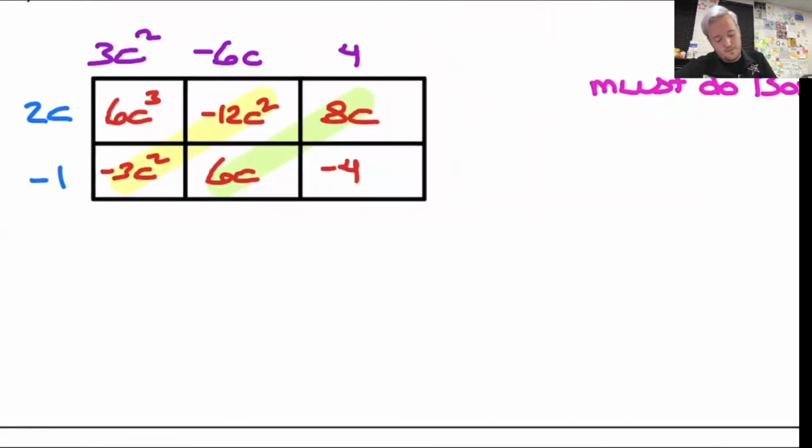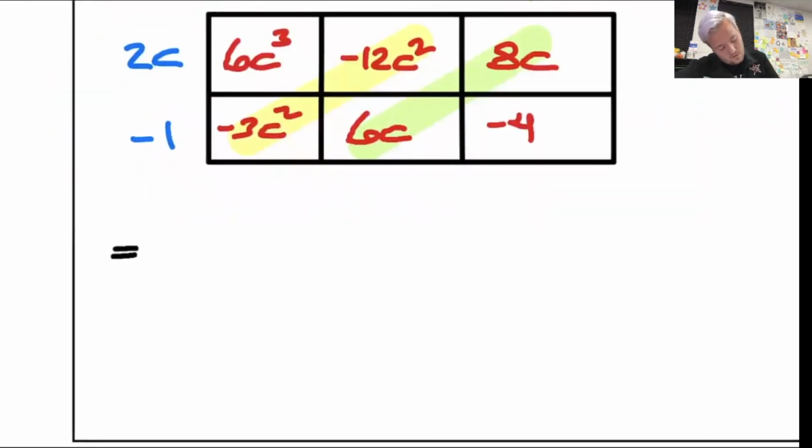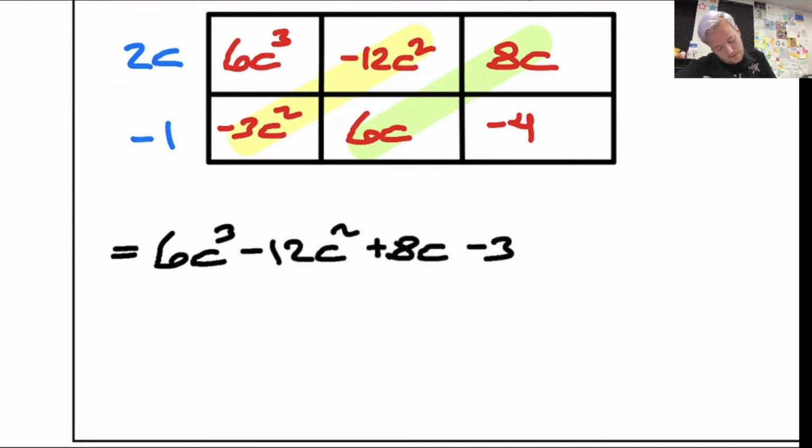All right, so I'm going to write it out. So 6c cubed minus 12c squared plus 8c minus 3c squared plus 6c minus 4. All right, so I'm going to combine the c squareds and then combine the c values.